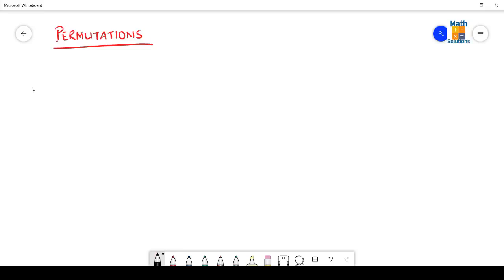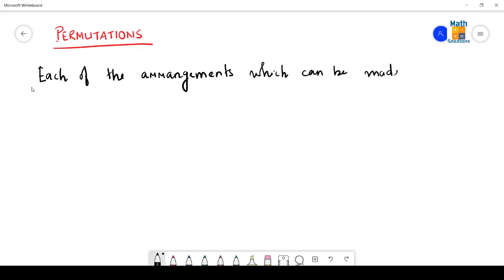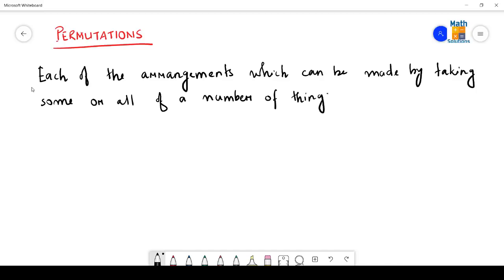Each of the arrangements which can be made by taking some or all of a number of things is called a permutation.